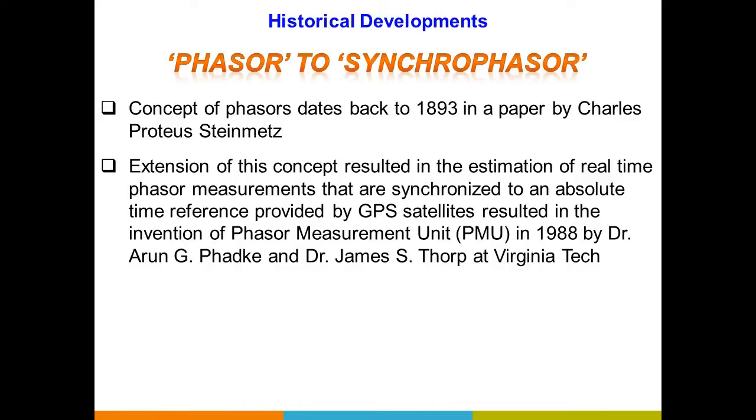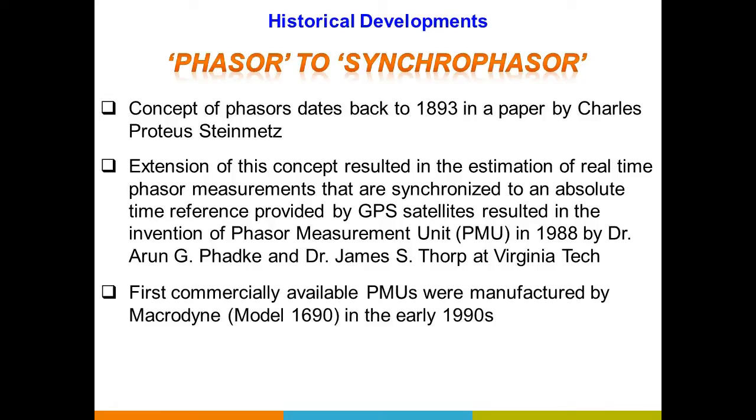Now this concept of phasors was extended in 1988 by Dr. Arun Phadke and Dr. James Thorp at Virginia Tech, where they tried to estimate real-time phasor measurements and use the GPS satellite time signal as the time reference for calculating those phasors. And that was the birth of the phasor measurement unit and Synchrophasor technology.